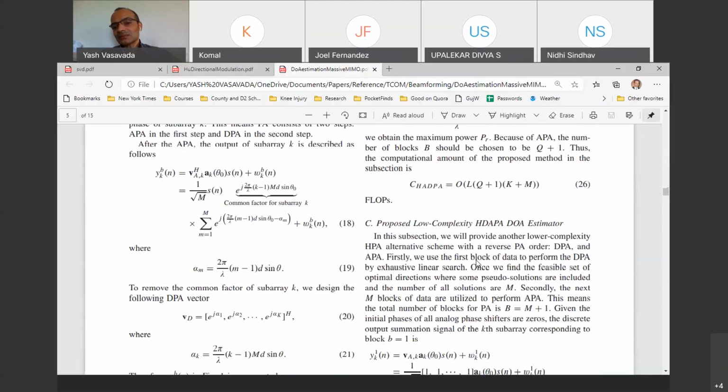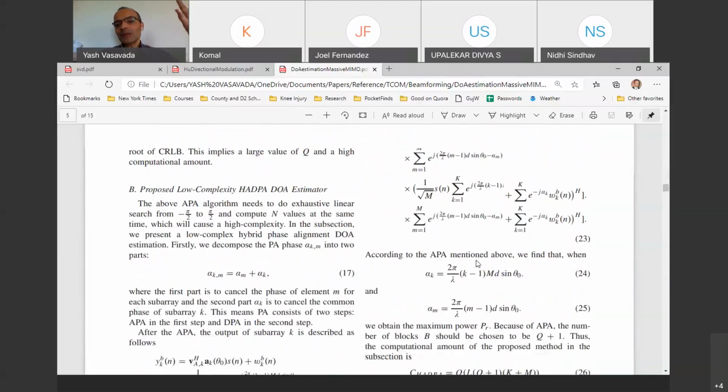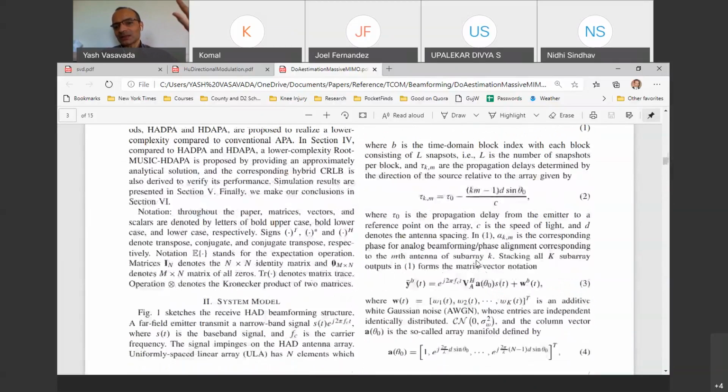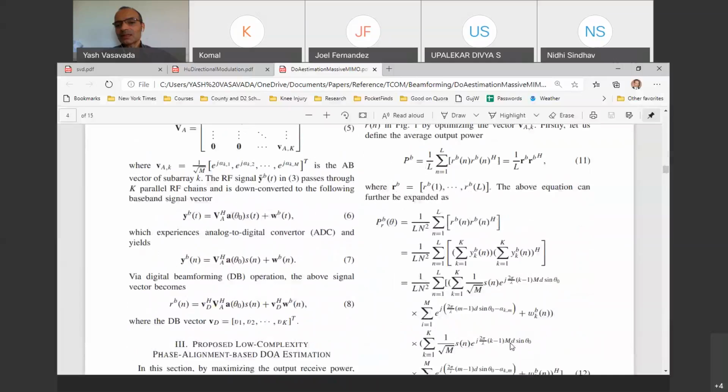Exact same mathematics and simulation that you are doing. The only minor, I would say minor, but that is the content of this paper, is they are breaking down the phase shifting before doing this power spectral density calculation. They are breaking it down in these two phases, analog and digital.